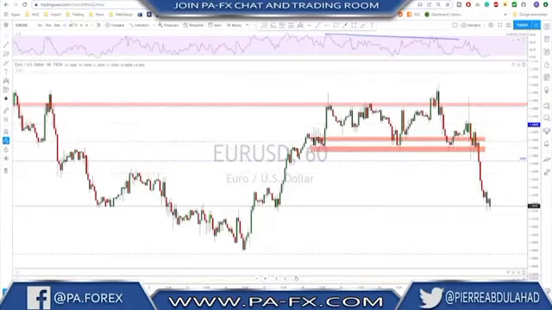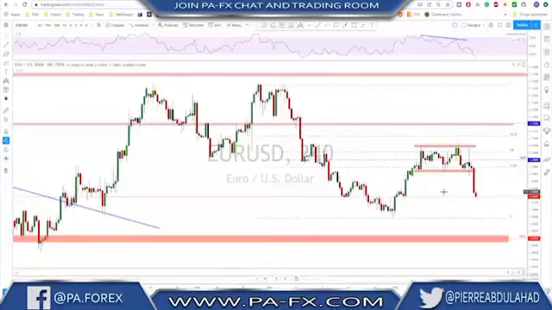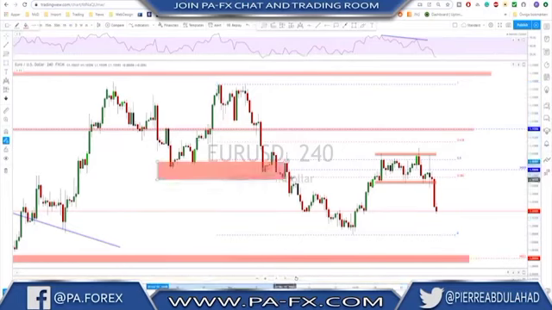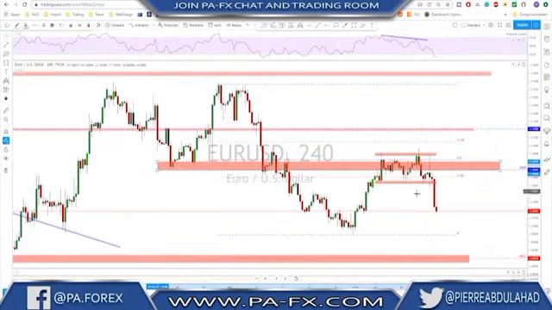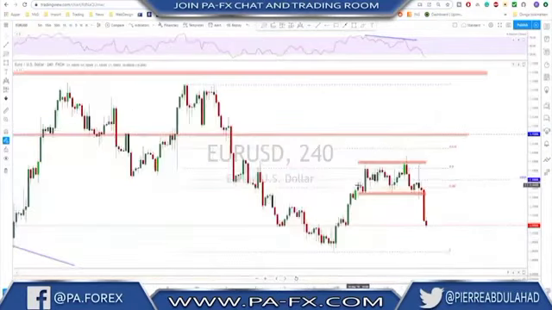And I think the reason he's talking about short is because I've been mentioning this move here on Euro USD, and we've been talking in my weekly overview that this level of interest here, since the market broke this neckline, we will start looking to short this market near that neckline break. So we had also our Fibonacci retracement when I talked about this, and I mentioned the monthly pivot point and the neckline as an area of interest.